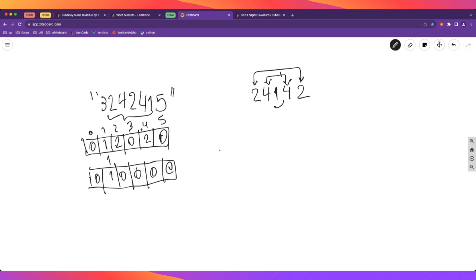So how do we find it? We cannot go over all the substrings like usual, since the length is 10 to the 5, we need to be clever.